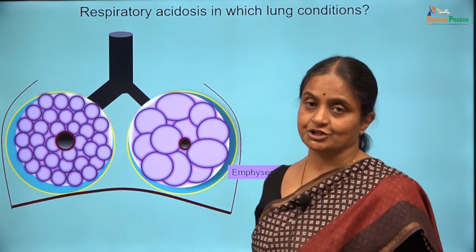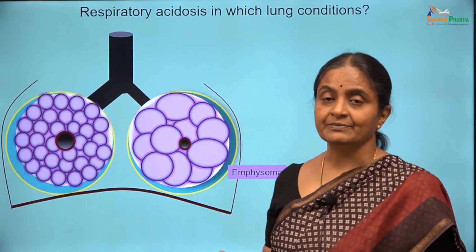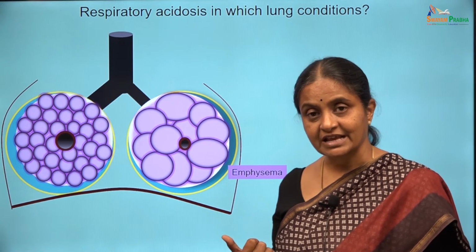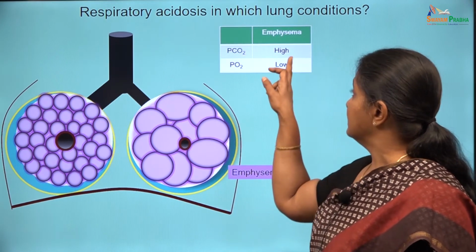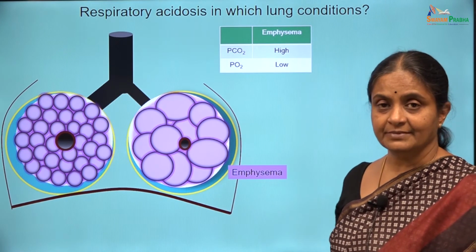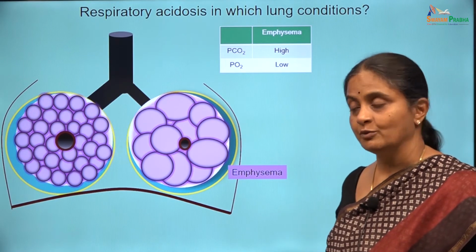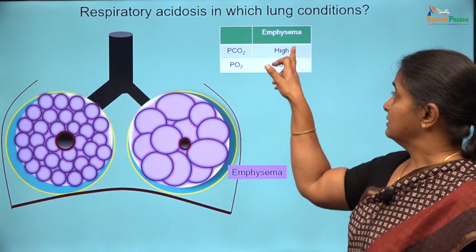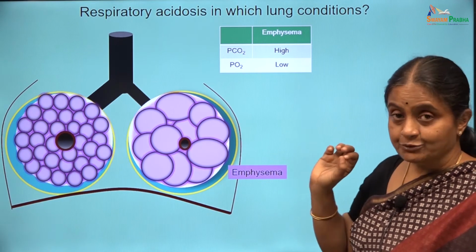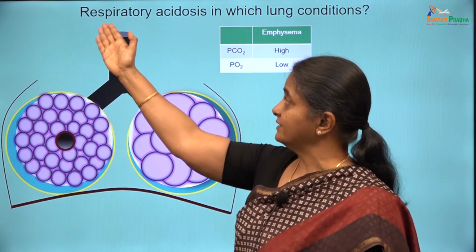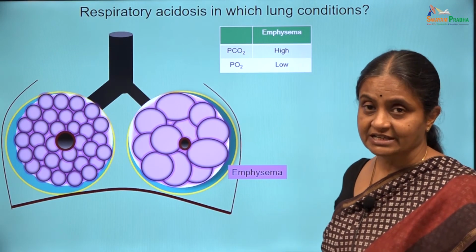Now, this obstruction is something that can lead to respiratory acidosis. It can increase carbon dioxide, and in this state oxygen will always be lower. This is also referred to as type 2 failure. So, type 2 respiratory failure is synonymous with respiratory acidosis.